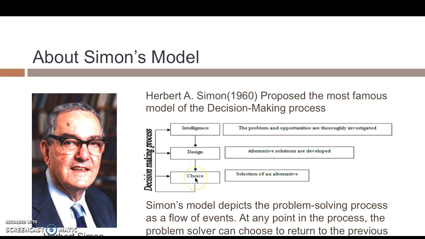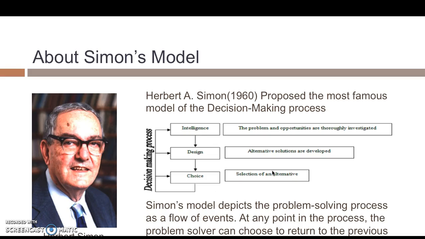The third and the last phase is the choice phase. In this phase, there is selection of an alternative. Obviously, when a person has a number of alternatives for solving a particular problem at hand, he or she will think about which particular alternative is best for solving his or her problem.